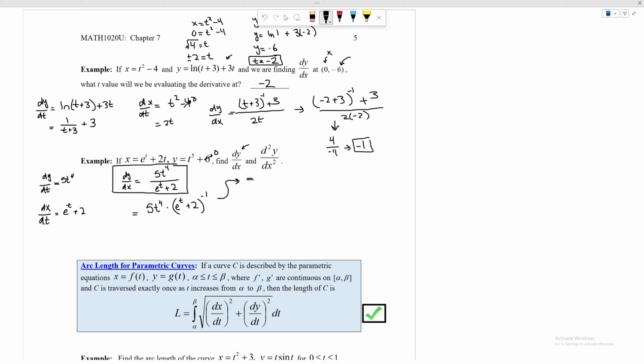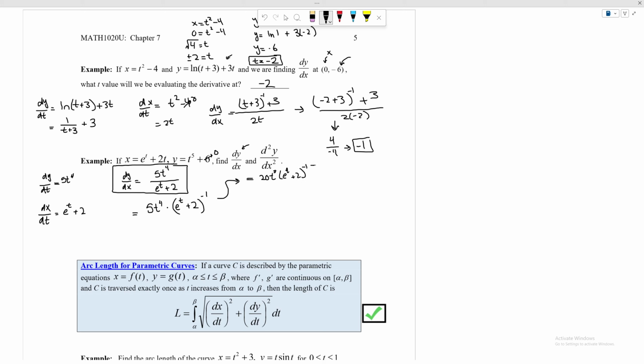The product rule will tell you the derivative of 5t^4 will be 4 times 5, which is 20, so 20t^3. And then your second stays the same.